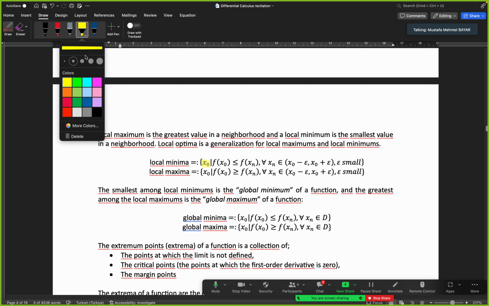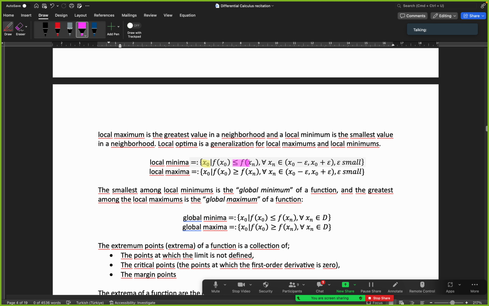And I claim that f of x0 is the smallest possible value, and there are no xn's that are smaller than x0 around the neighborhood of x0.